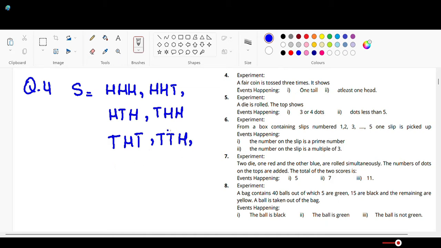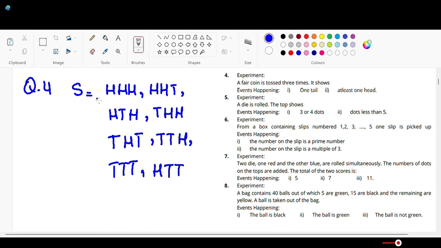What's one more thing? We could get tail, tail, tail. Or head, tail, tail. I think that is pretty much it. Yep, that's pretty much it. So this covers it.